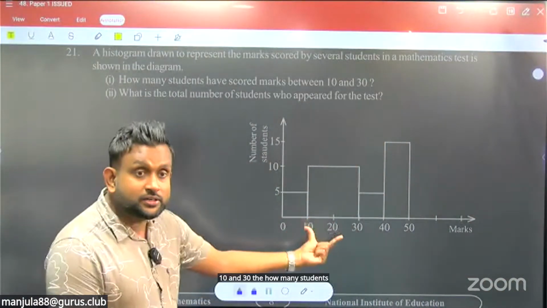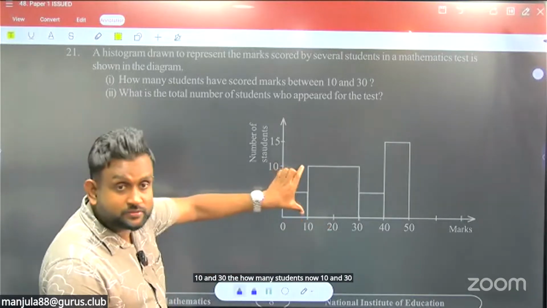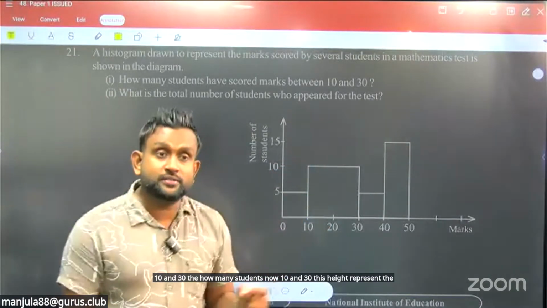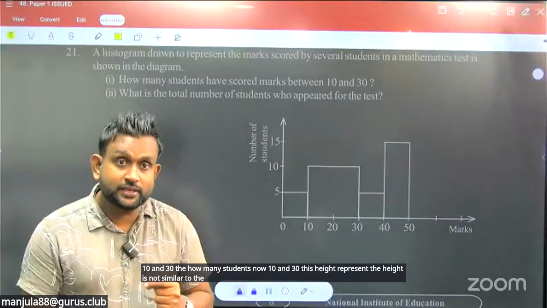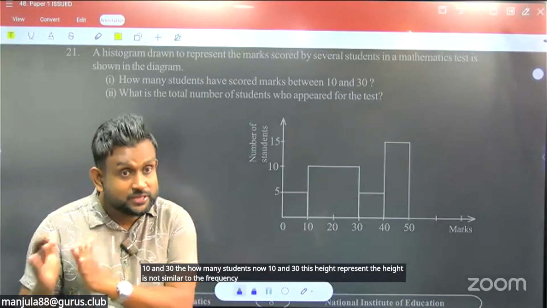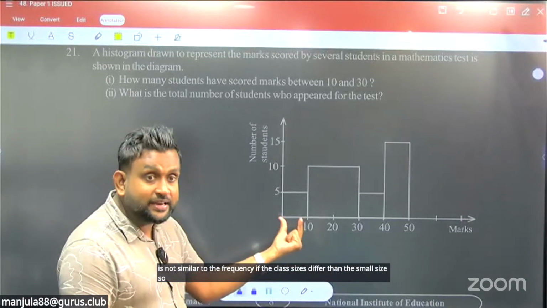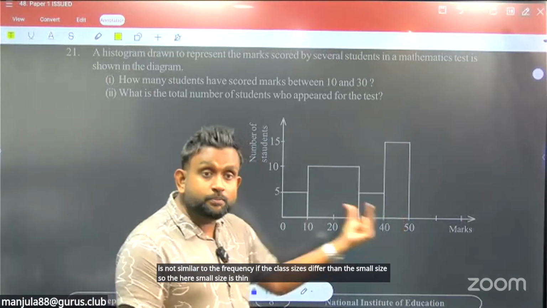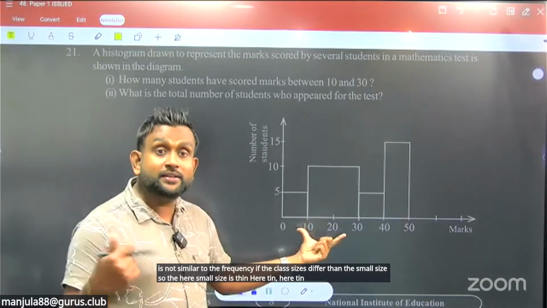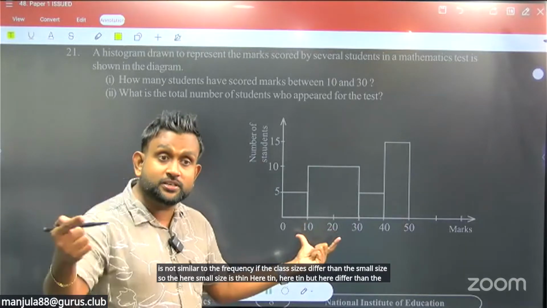Now 10 and 30, this height represents... The height is not similar to the frequency if the class size differs from the usual size. So here the usual size is 10, here 10, here 10, but here it differs. How many times does it differ?